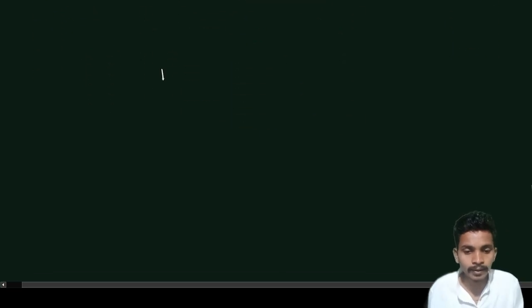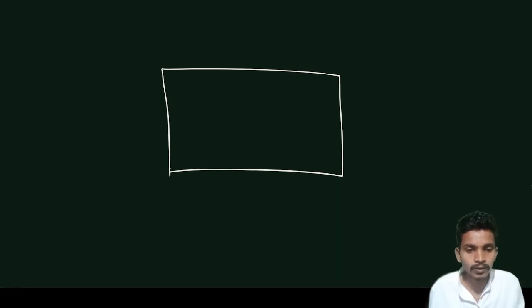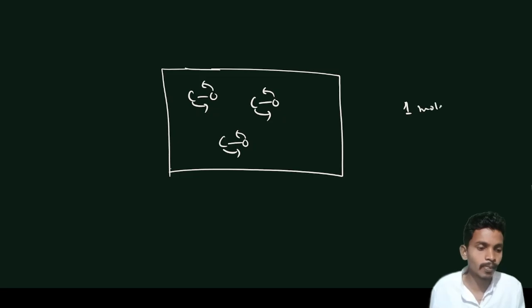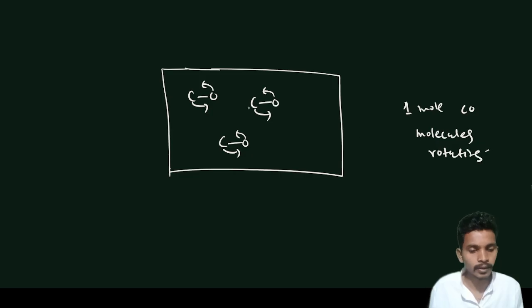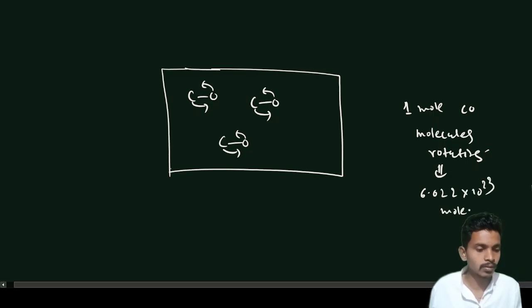Whenever I say that so many, let's say, CO molecules are rotating, means whenever you say that 1 mole of CO molecules is rotating, it means that 6.022 times 10 to the power 23 molecules of CO are rotating.